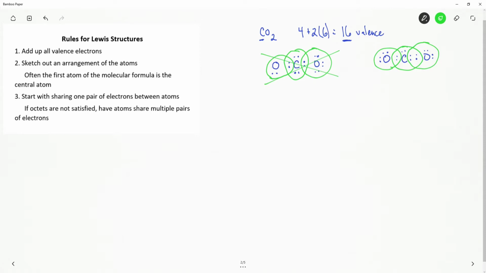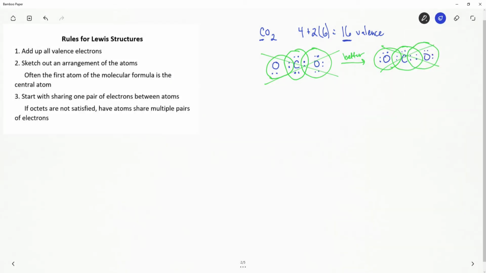However, what I notice is it is better. We are closer, but we're still not quite there. So if sharing 2 pairs of electrons helped me, I'm going to make that other carbon and oxygen share more as well.